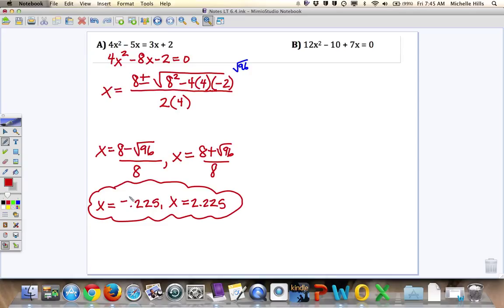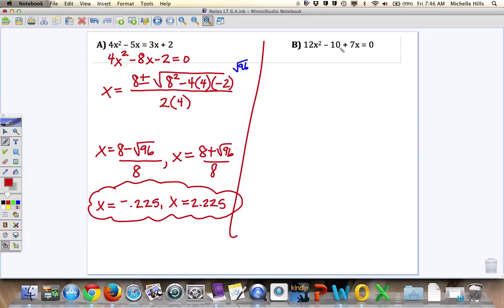One where x is negative 0.225. That's not on the x-axis, though. And one where x is 2.225. And then if I wanted to find the y values associated with those two places of intersection, I would plug that into probably the 3x minus 2, which would be easier to find my y's.